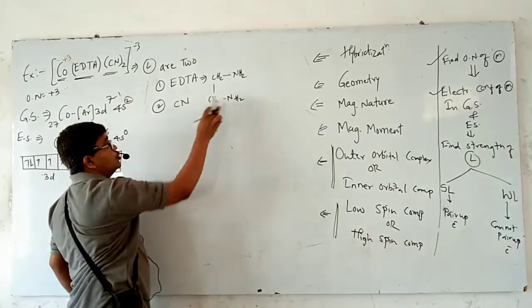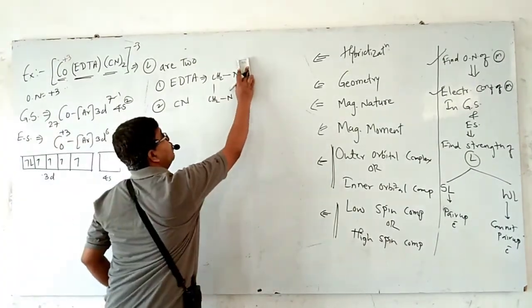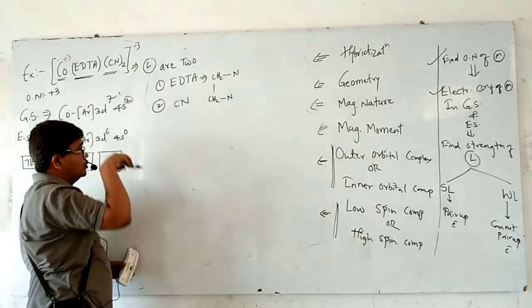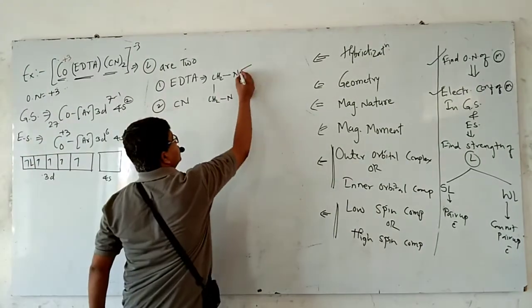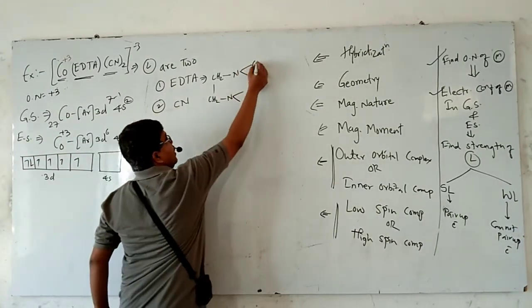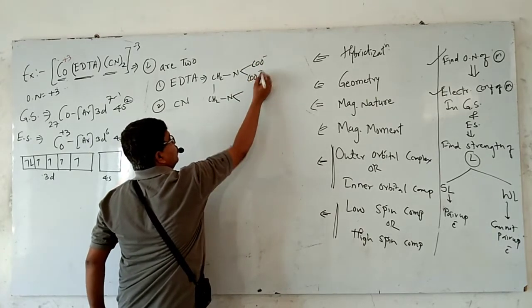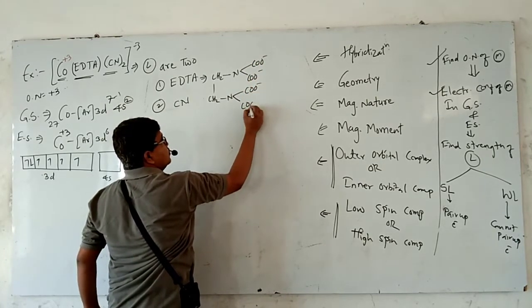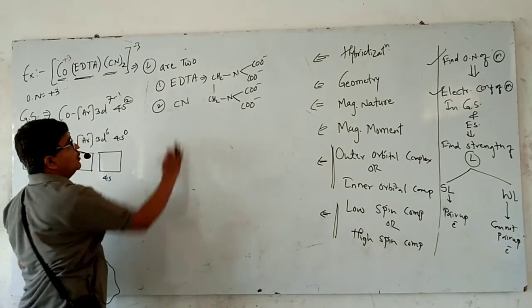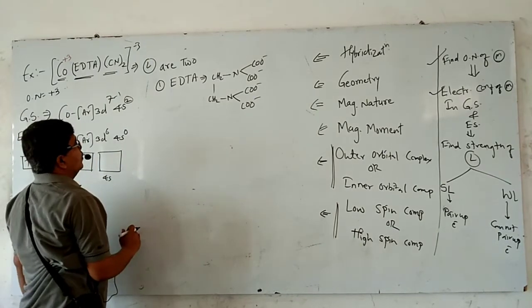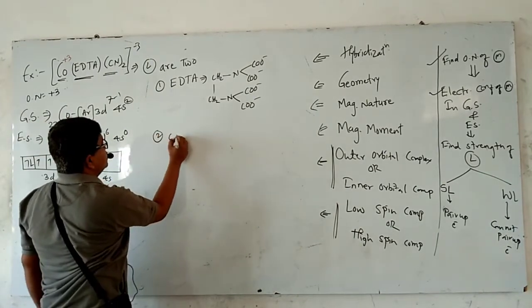After writing structure of en, simply you have to remove all the 4 hydrogens, and these 4 hydrogens will be replaced by 4 COO minus. Okay, so this is your EDTA, and second one is CN.